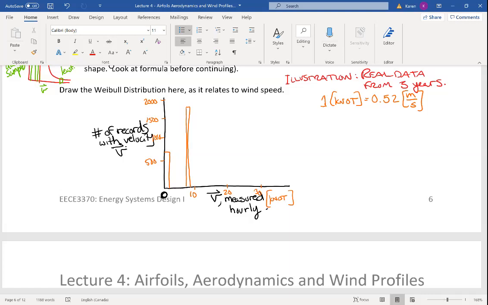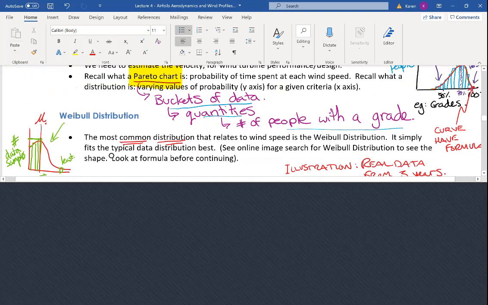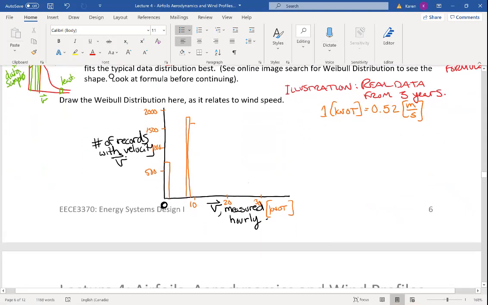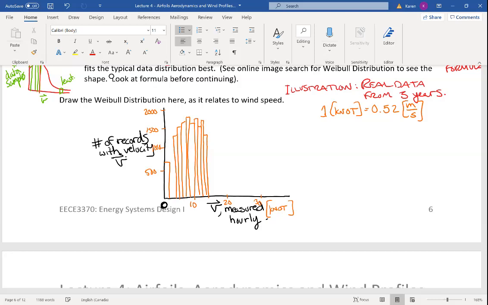Around 10 knots, you start seeing a lot of buckets of data measuring in the 10 knot range. And then, some of the velocities have more frequency, some of them have lower frequency, but there are a lot around 10. There are less closer to 0.